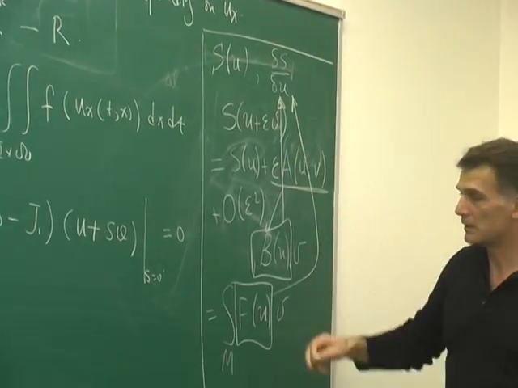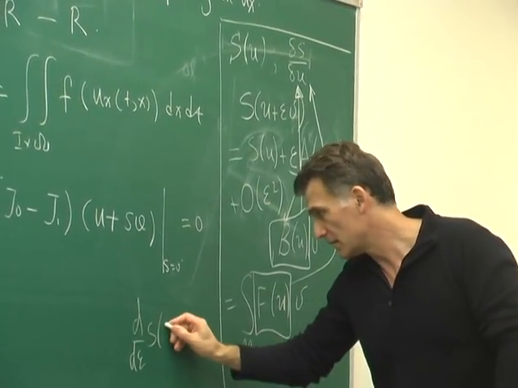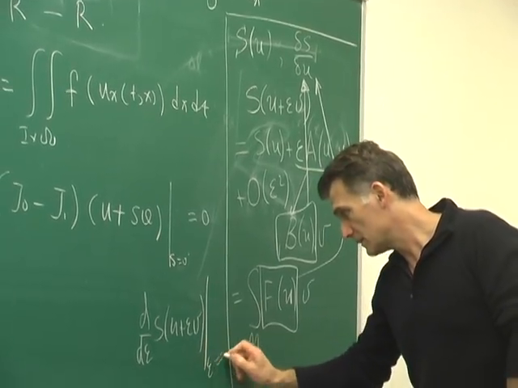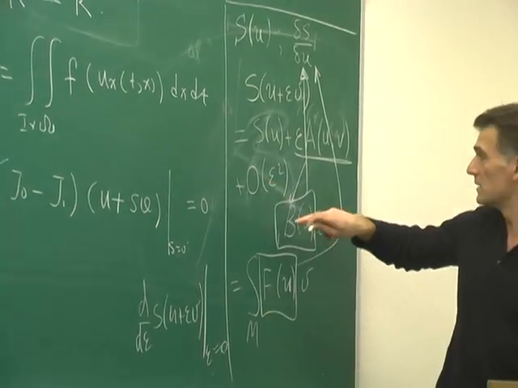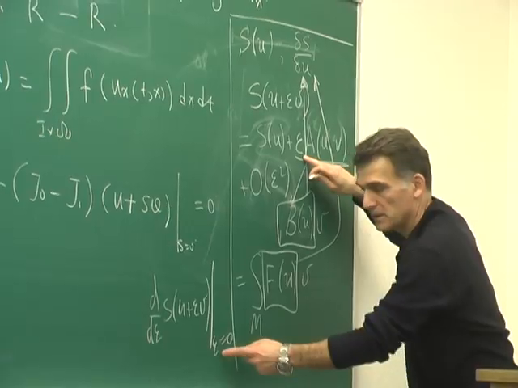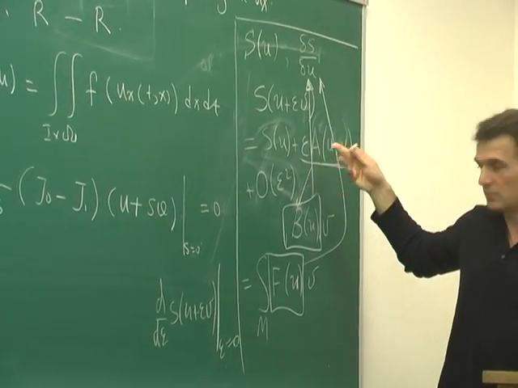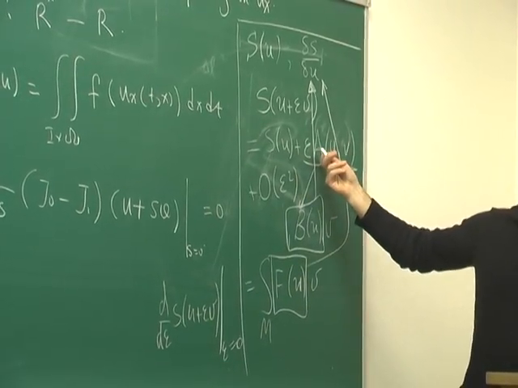And of course you can write this as d by d epsilon of S of U plus epsilon V at epsilon equal to 0. This doesn't depend on epsilon in the higher orders, so it picks out exactly the linear coefficient. If you want, you could do that derivative, or you could just expand and look at the linear coefficient.